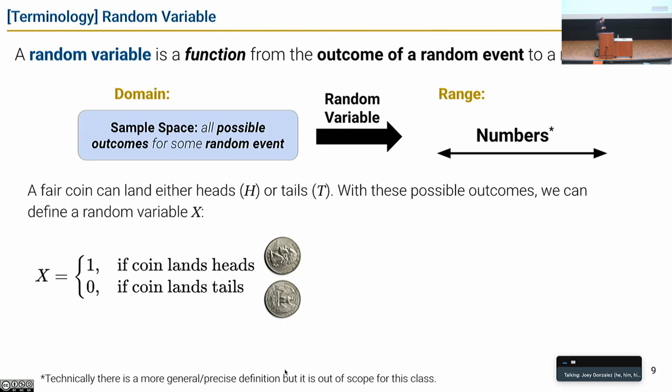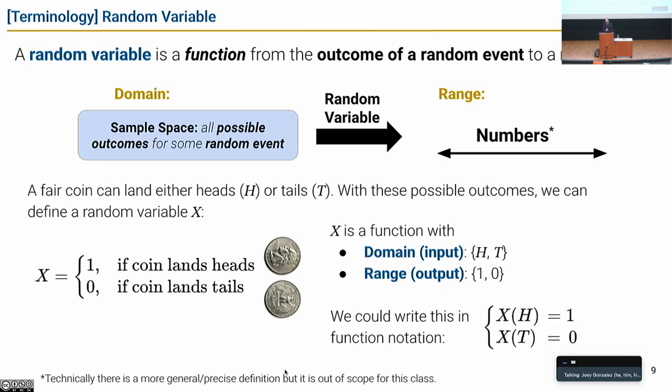A fair coin is a coin that allegedly would flip heads 50% and tails 50%. I can create a random variable X, which is 1 if the coin flips heads, that's the random event, and 0 if it lands tails. The domain is the input, my sample space. I could have heads or tails. And the range, the output, is 1 or 0.